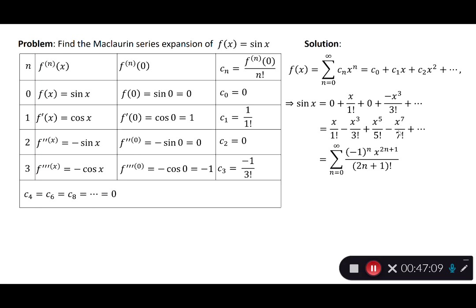So we will say, nah, just ignore all of them and only keep the very first one, which is nothing but x over 1 factorial or x. So sine x is approximately equal to x could be gleaned from the Taylor series or the Maclaurin series. Isn't that cool? So sine x is approximately equal to x when x is small, is the idea.